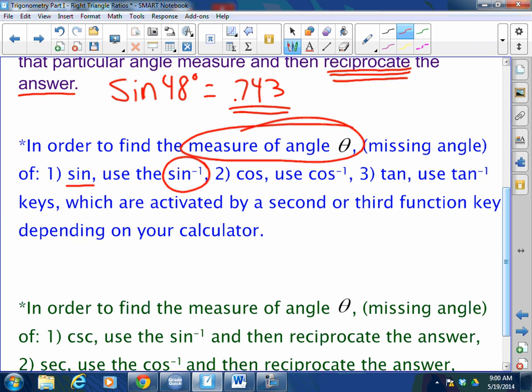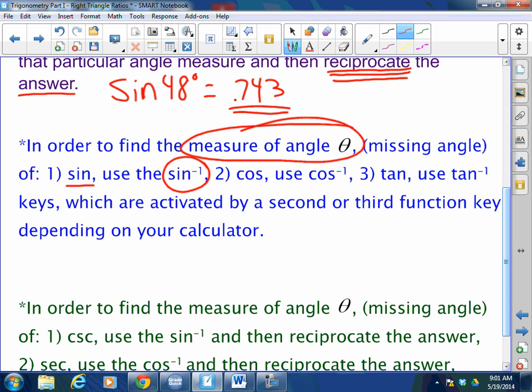It's called the inverse of sine. It's called the inverse because instead of finding a value, you're now finding the degree. For most of your calculators, there's a little second or third button, and you have to hit that before you activate your inverse sine. For your calculator, you have to hit it twice.